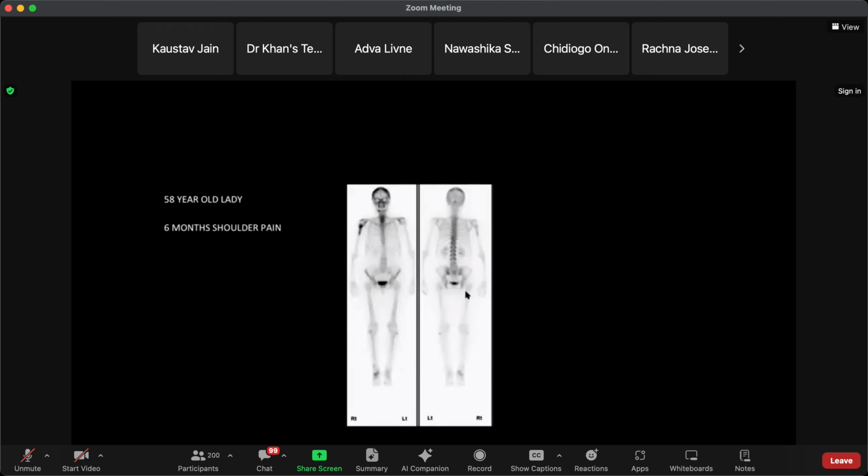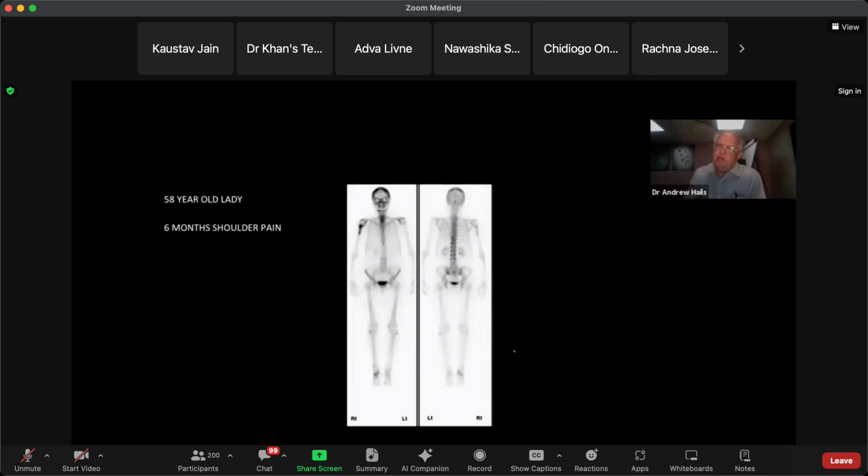So she's got a 6-month history, and I'm thinking it doesn't look like something malignant to me. It's something benign, but it probably has an osteoid matrix, hence it's got uptake in the bone scan. Is it safe to say that's benign?